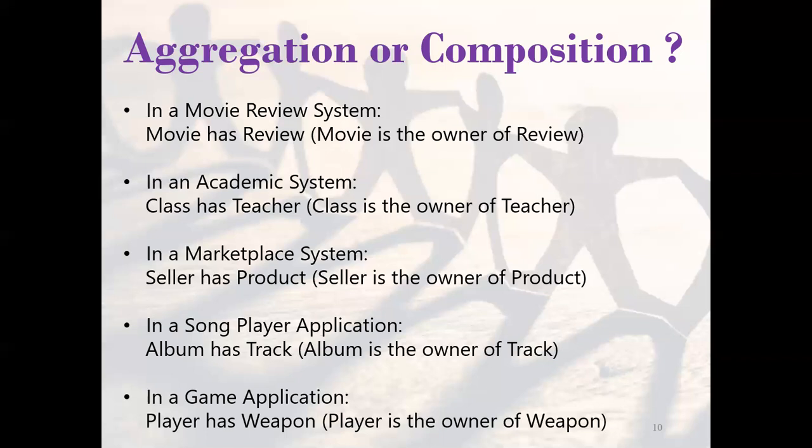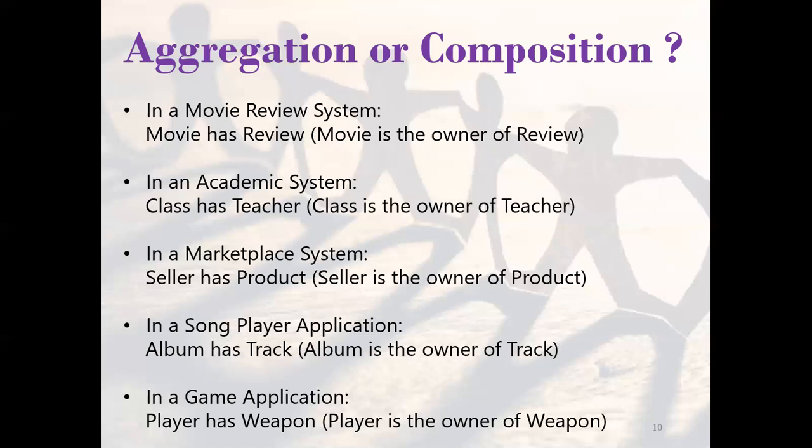But if the product is a common product like Coca-Cola, every seller can sell Coca-Cola. It's the same product. In that sense, it can be an aggregation, but it can also be composition depending on the case. It depends on the requirement, and the requirement depends on the case. And in this case, the product needs to be clarified, what kind of product is sold by sellers.